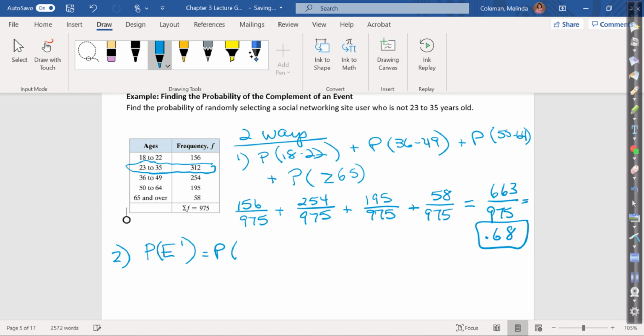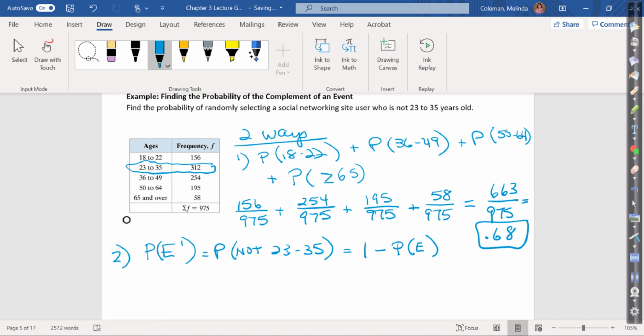So the probability that they are not 23 to 35 would equal 1 minus the probability that they are 23 to 35.